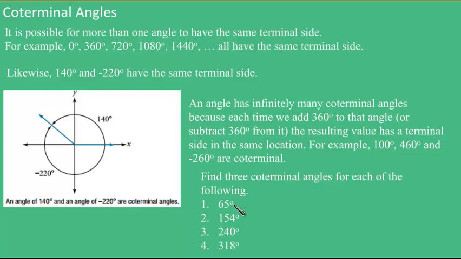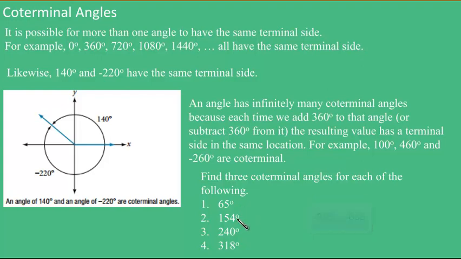So for each of these, let's find 3 coterminal angles. Well, for 65 degrees, let's work with positive angles. That's going to be 65 plus 360, 425, 785. So I'm just adding 360 to this angle over and over. I could also subtract 360, so that would be 65 minus 360, minus 295, minus 360 again, minus 655.